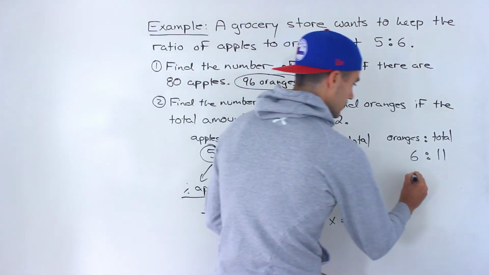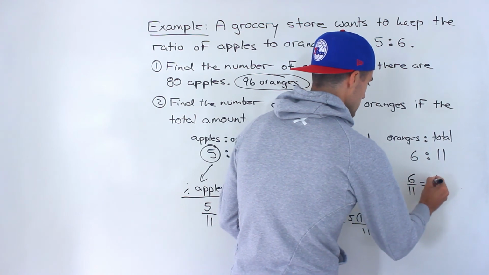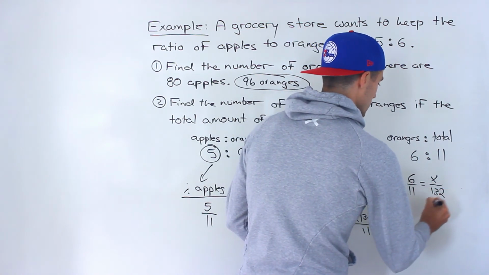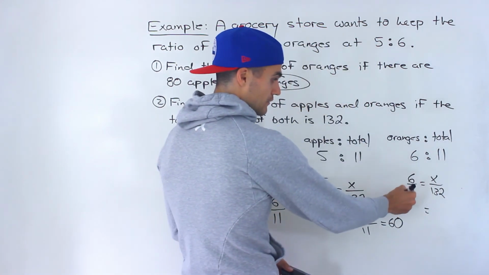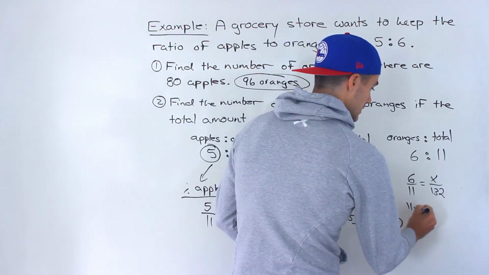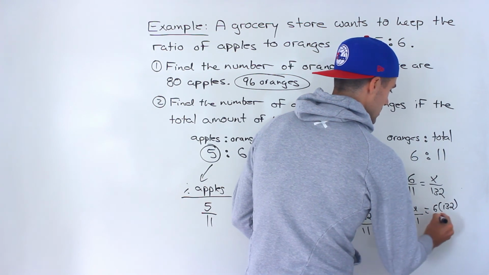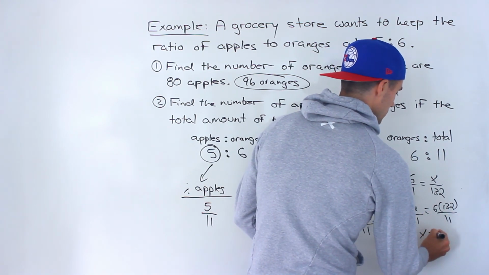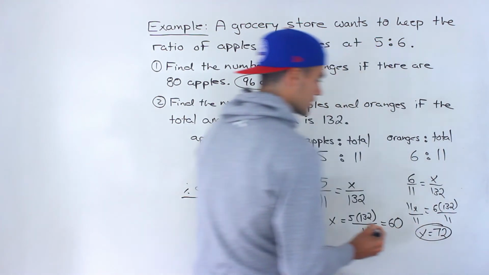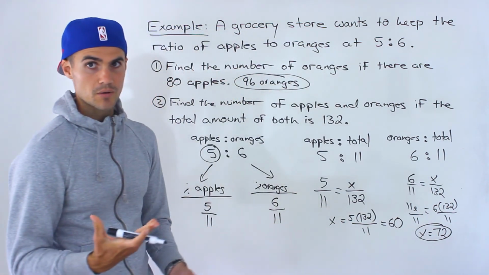Same thing over here: you'd have 6 over 11 equals x over 132. Cross multiply, 11x equals 6 times 132. Divide both sides by 11, and x would end up being 72. Same answers that we got before.